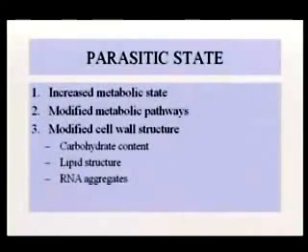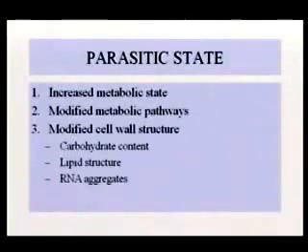Now, why do they cause disease? Well, some of them produce toxins in the body, but that's not really a big item. Most of the time, they become infectious because they increase their metabolic state, modify the metabolic pathways and modify the cell structures.